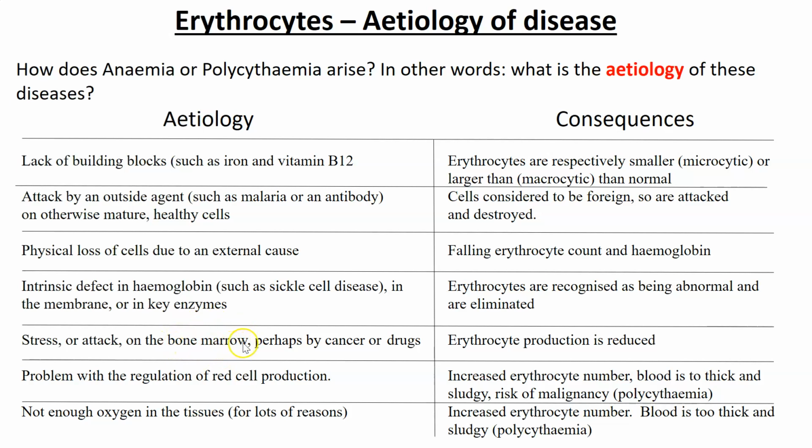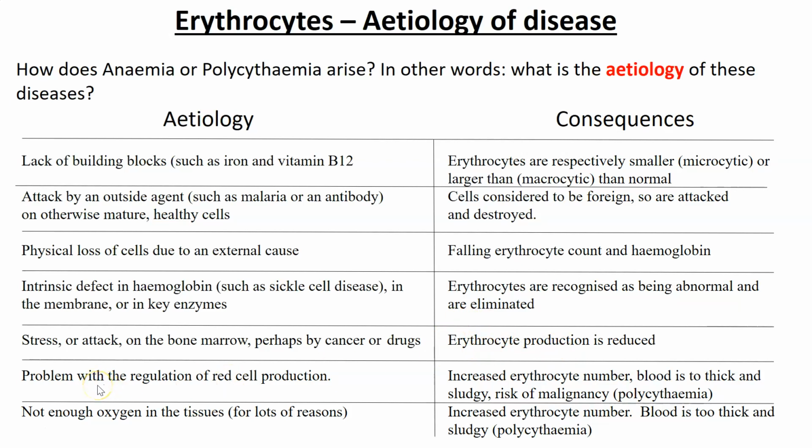So they're a non-specific target for a cancer that is perhaps in the lungs. Because blood is made in the bone marrow, chemotherapy can impact on your red blood cell number, diminishing it.